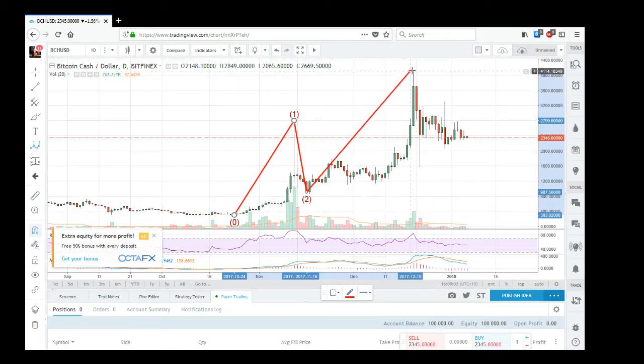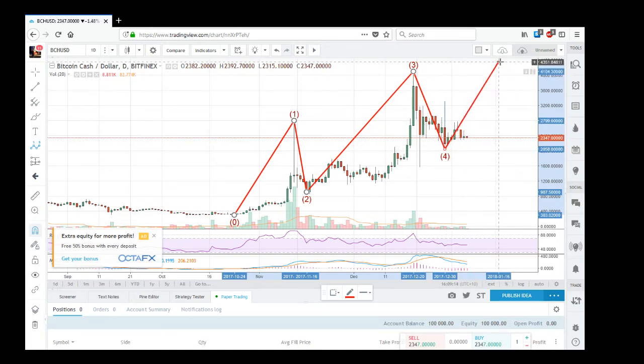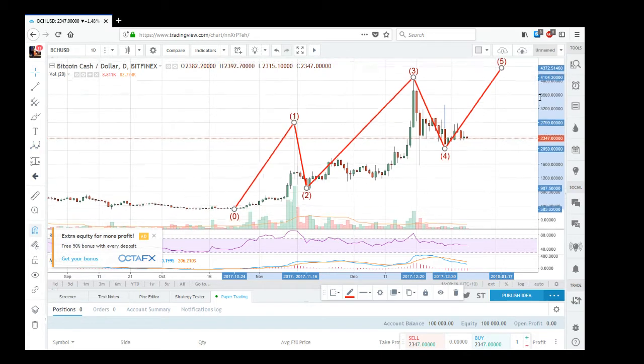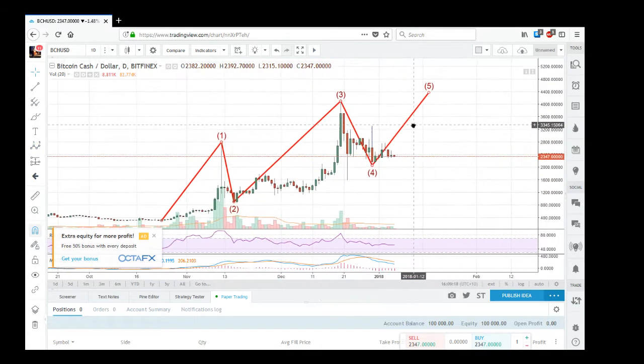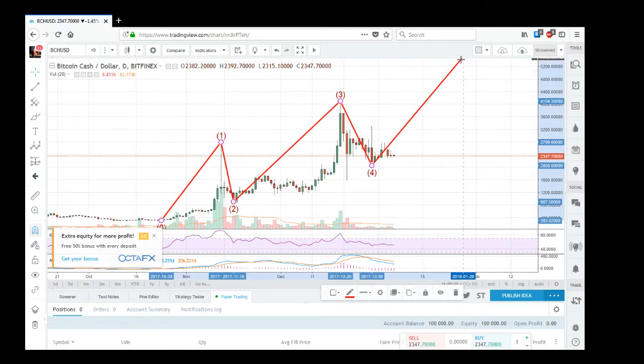I'm going to go up and take this to here, number 3. And then bring it down to the retracement, 4 there. Then we are obviously moving to a 5, so I'll put it here and squash it down a bit. Move that up.